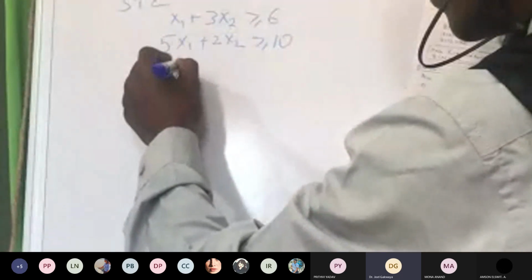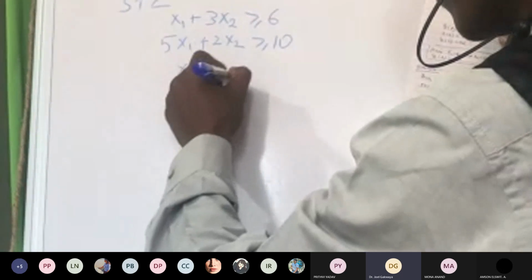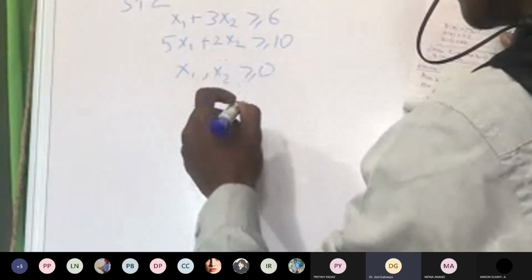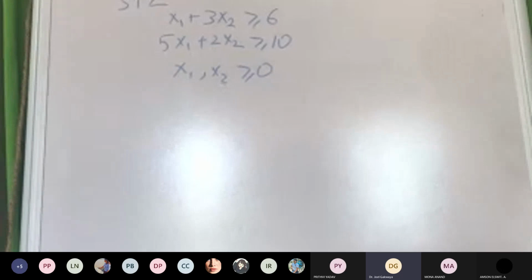And x1, x2 should be greater than or equal to 0. So these are the equations which we want to solve.